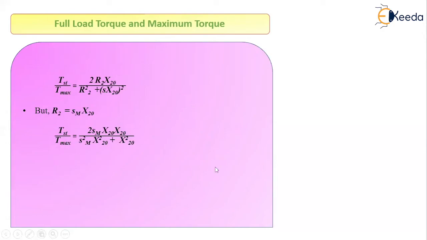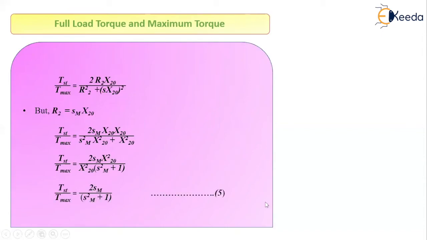Again, let us simplify this equation for the cancellation. So we get TST, that is starting torque to maximum torque, is equal to 2 Sm X20 square divided by, if we see in the denominator, X20 square is common. So divided by X20 square bracket Sm square plus 1. Again, X20 square numerator and denominator will get cancelled. So we get TST divided by Tmax is equal to 2 Sm divided by Sm square plus 1.